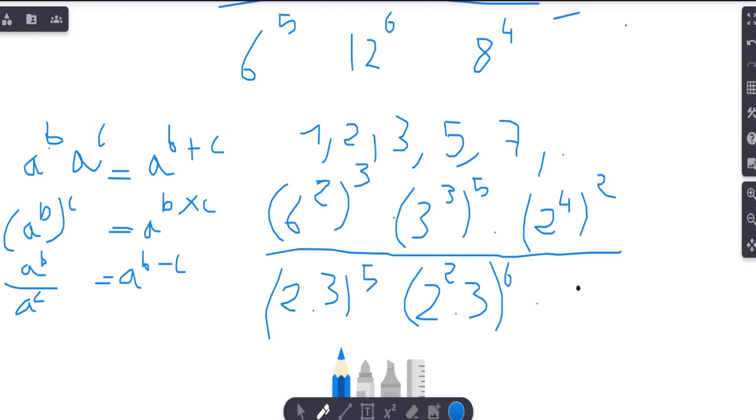And then we have 8 to the 4, so 8 is 2 to the exponent 3, so 2 to the exponent 3 to the 4.